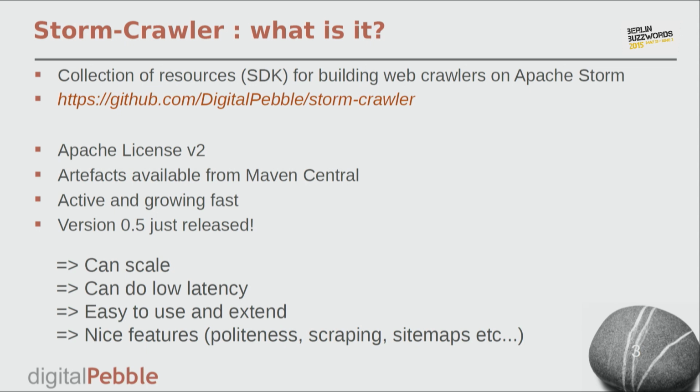What I wanted to achieve with Storm Crawler was something that can scale. It doesn't have to, we don't all need to do billions of pages, but something that can potentially scale if needed, that can do low latency, and is easy to use and extend.